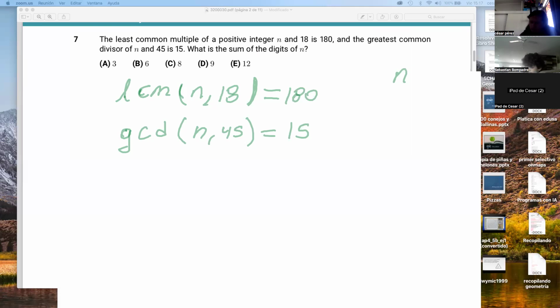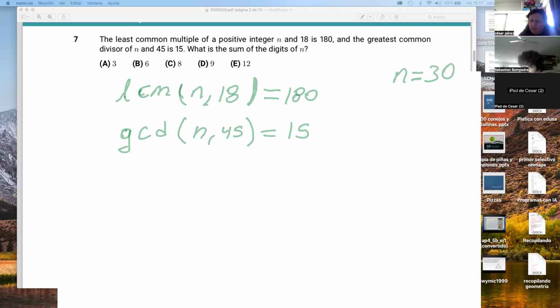And it's 30 because a multiple of 30 is 180, and it's 2 times 15. Okay. You say that n equals 30? Yes. Okay.